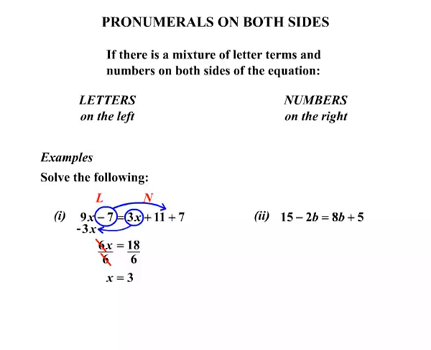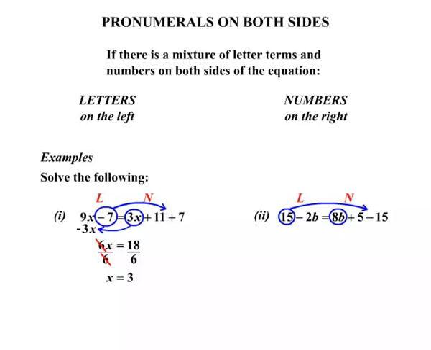Our second example, 15 minus 2b equals 8b plus 5. Again, letters on the left, numbers on the right. So there's our letter term on the left, negative 2b. Let's leave that there, but we need to move the 15 over. And the positive 15, when it comes over, becomes minus 15. So on the right-hand side, there are our number terms.